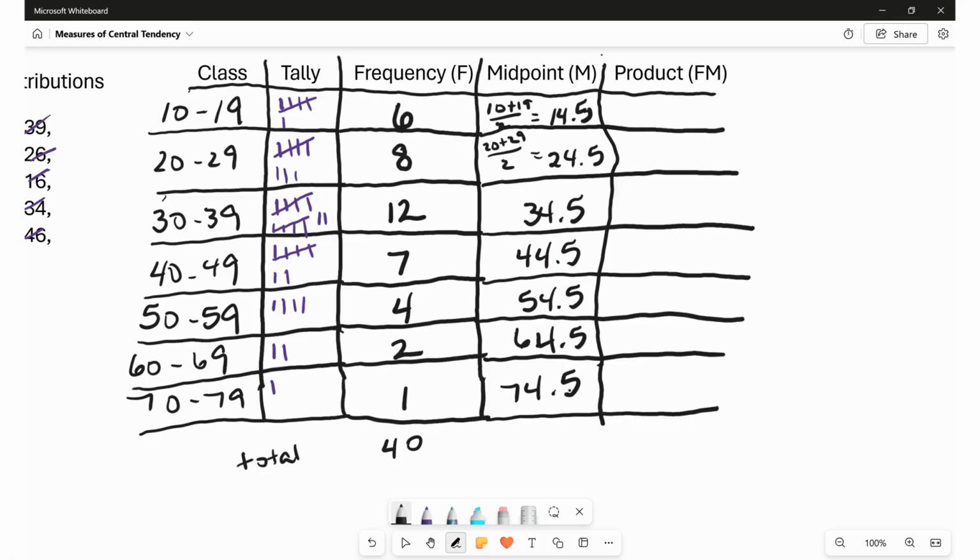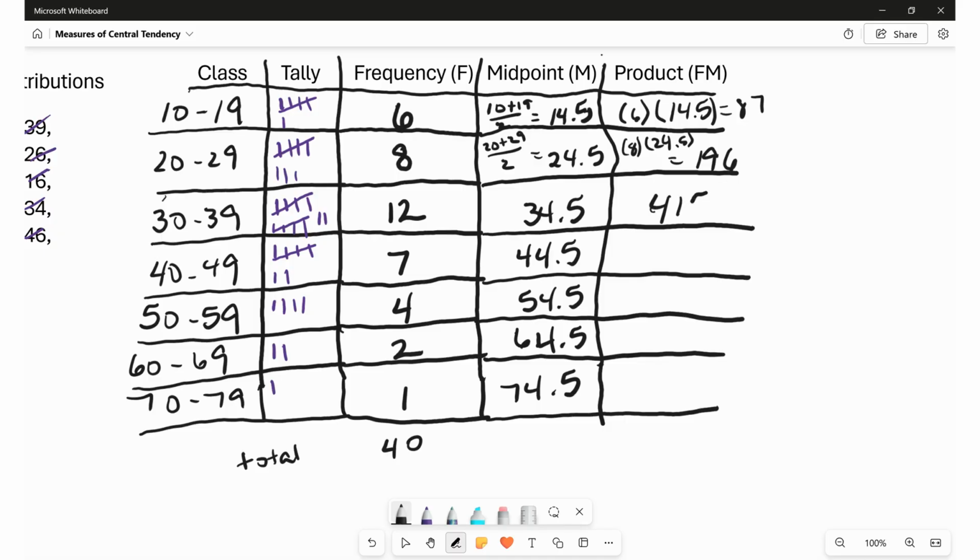Now, you are going to take the product of the frequency. This is why I have F and M here. The frequency and the midpoint. And that goes here. Okay. So this is going to be 8 times 24.5. Okay. And so on, all the way down the line.